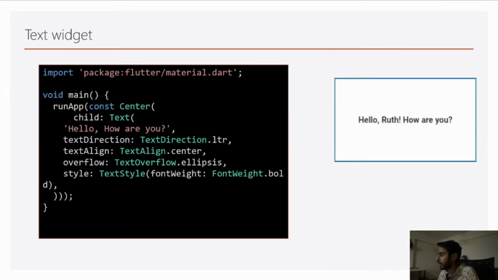Just by looking at this picture in the right hand side of your screen, it says there is a text saying, "Hello Ruth, how are you?" So if you want something to be shown on your mobile app, you can code in the fashion how the code is described in the left hand side of the screen.